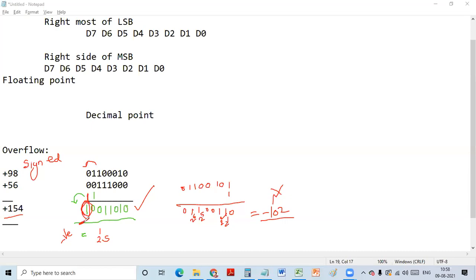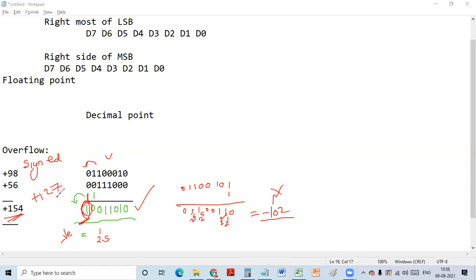Okay. Result is wrong. In this case, we say that an overflow occurred. So that specifies the result is wrong. So in case of signed numbers, when we add two positive numbers, I should get only a positive result. Because my result is plus 154, but with the help of 8 bits, I can represent only a maximum of plus 127.